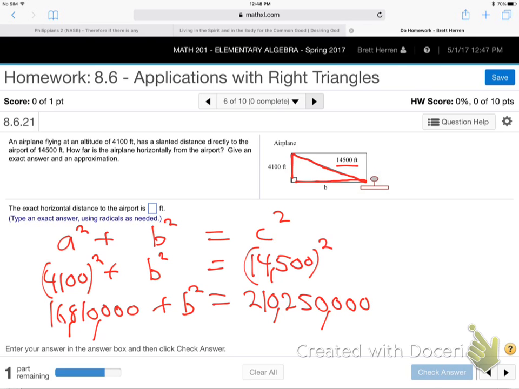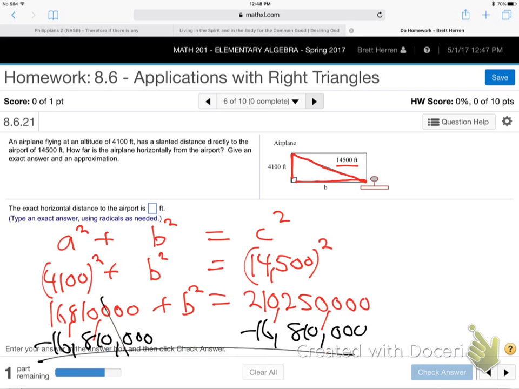Yeah, really, really big numbers. But the same plan, right? Just subtract that big old 16 million number, 16,810,000, from both sides. So b squared will be this big thing, which I don't know.